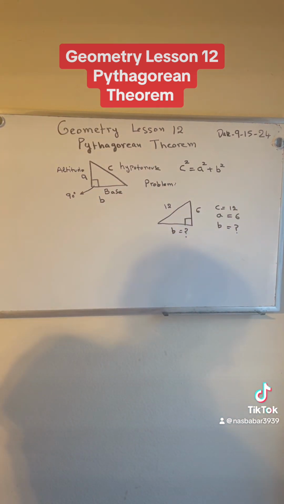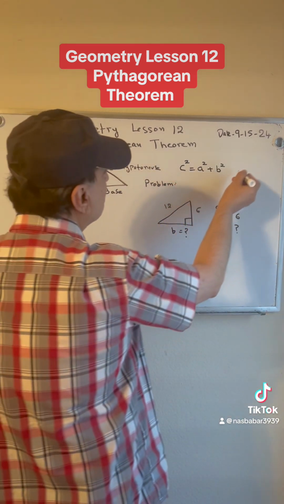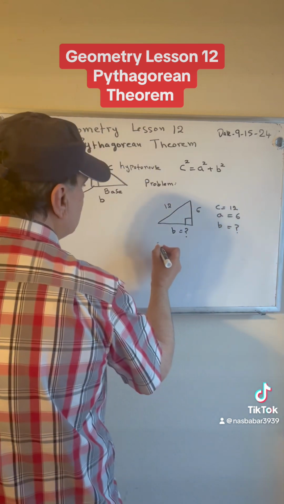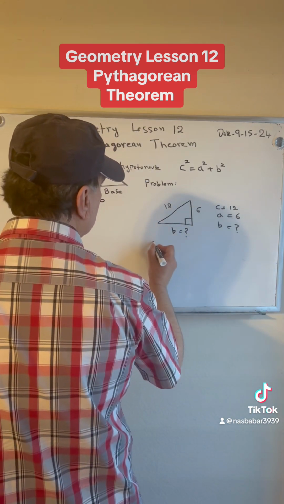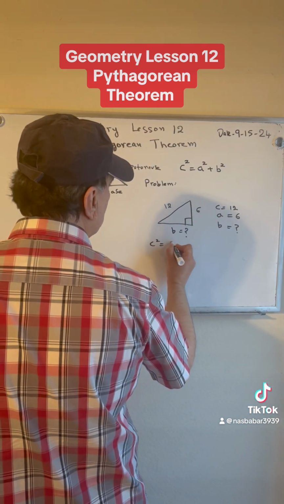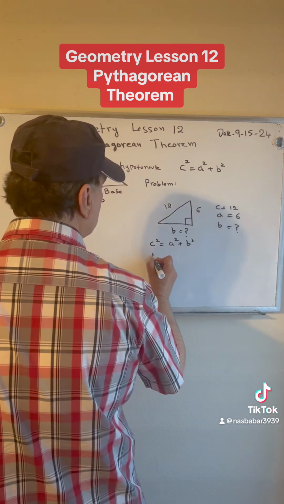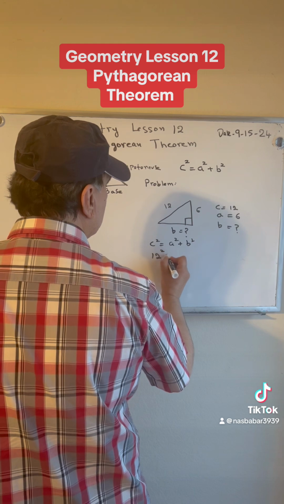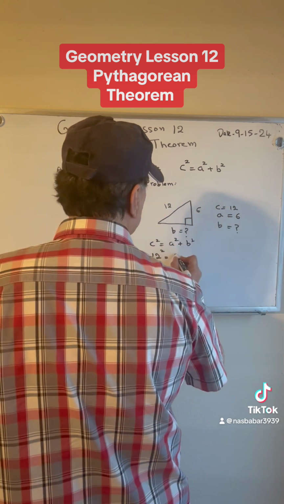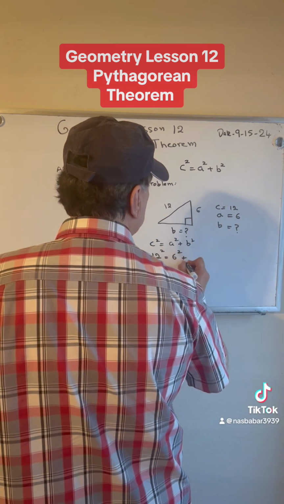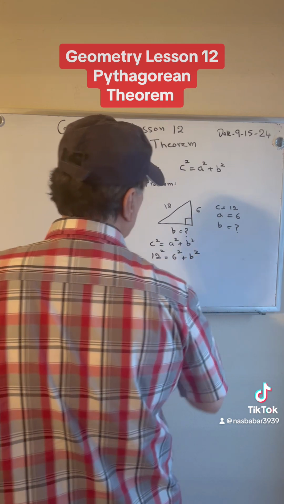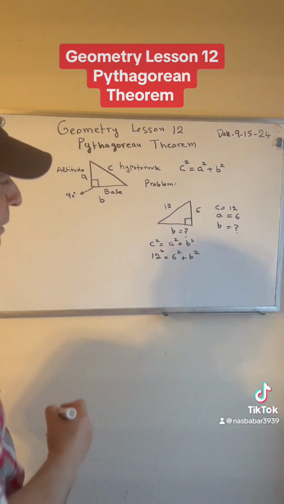So how would you solve that? You can basically apply the same formula. I can just say C square is equal to A square plus B square. What's C? C is 12 square, right? And what is A? A is 6 square, and B square is what we are finding out. So now we have to do some algebra.